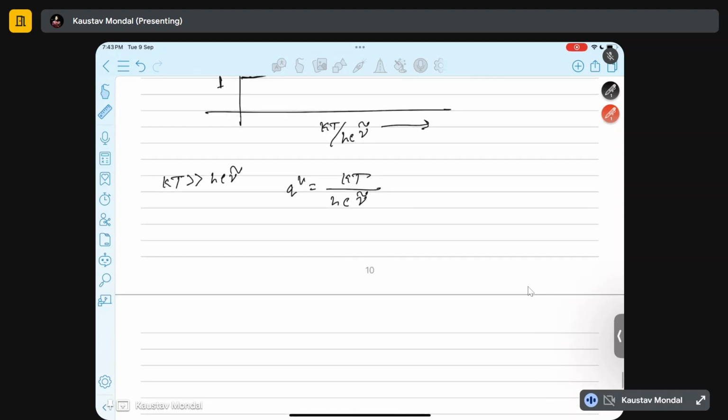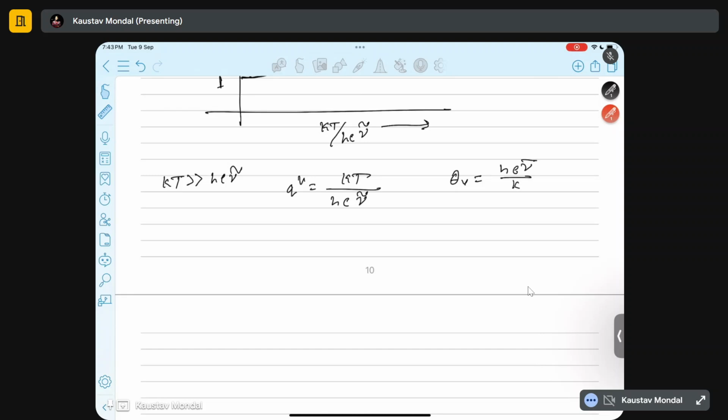Now here you can define a similar kind of reference temperature concept, which we can name as theta v, the vibrational temperature. Theta v is simply hc nu bar by k.